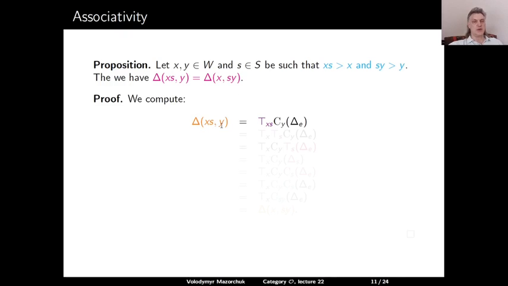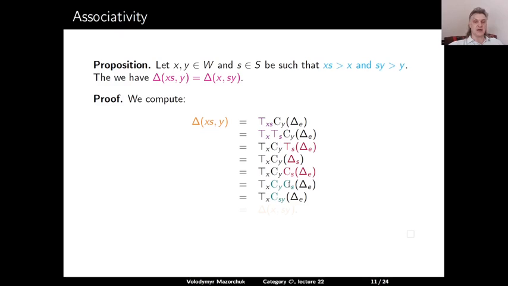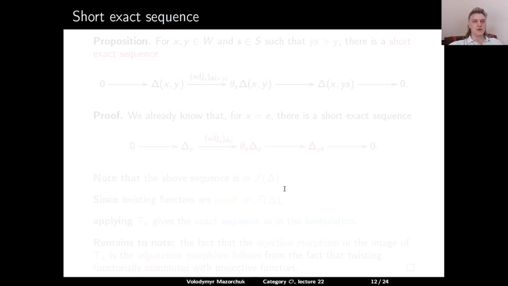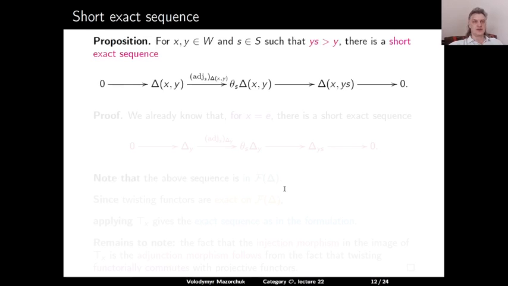So delta xs, y is T_xs times C_y of delta E. We can write T_xs as T_x T_s, and T_s of course commutes with C_y. So now when we apply T_s to delta E, we get delta s, but now we can rewrite delta s as C_s applied to delta E. And then the composition of C_y and C_s gives us C_sy, and now we readily see the definition of delta x, sy.